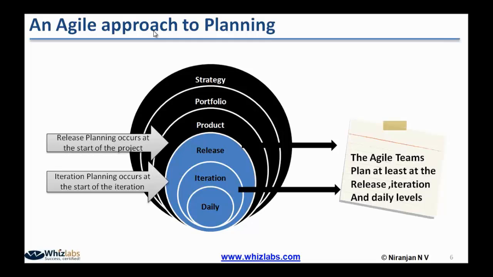So once the team comes to know the high level features, then based on whatever understanding they have, they do the release planning at the beginning of the project. And then they do the iteration planning when they are going to start every iteration. They don't do the iteration planning for all the iterations. They will do the iteration planning only when the particular iteration is going to start. So let us discuss how we do these things.